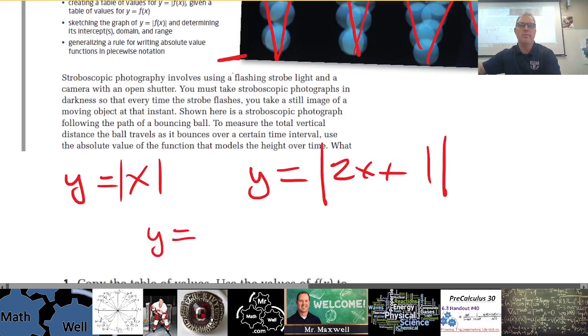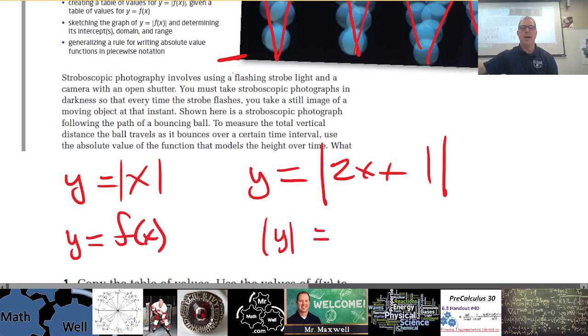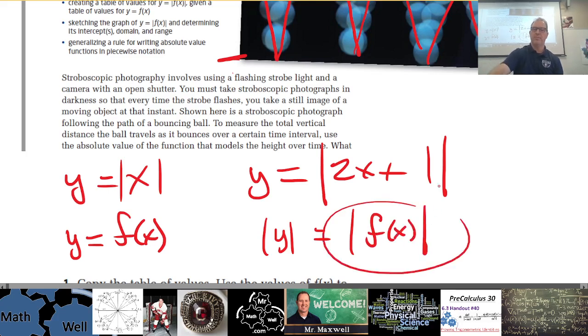You'll find that we have this 2x minus 5, and the minus 5 is outside of the absolute value signs, and so on. So we're going to deal mostly with just these right now, where if y equals f of x in function notation, we're dealing with the absolute value of y, which is the absolute value of the function. Okay? So this is what we're dealing with, absolute values.